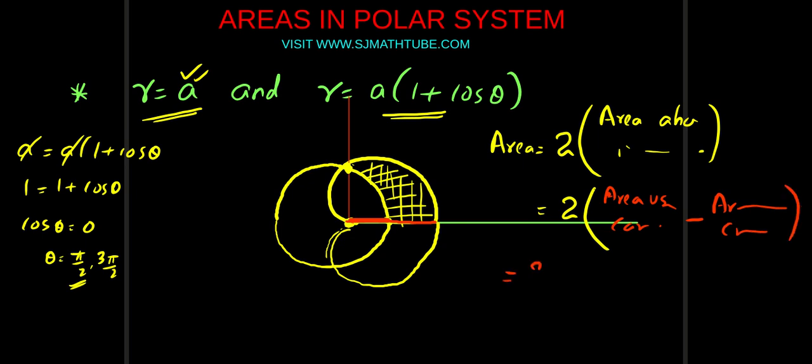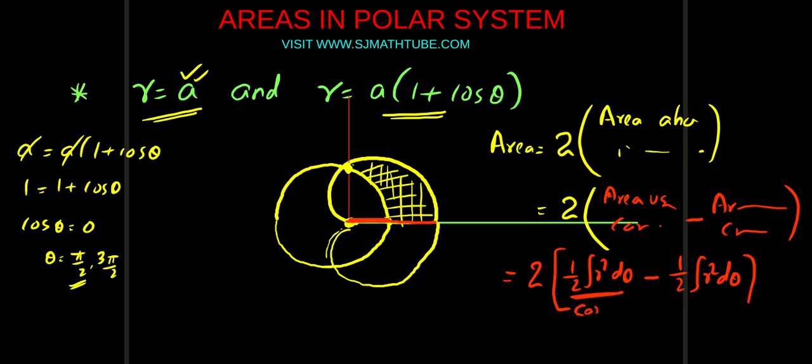So that will be 2 times, what's the formula? Half integral r square d theta minus half integral r square d theta. It looks the same, but it's not the same. Here what we write is we use cardioid, and here what we write is we use the circle.